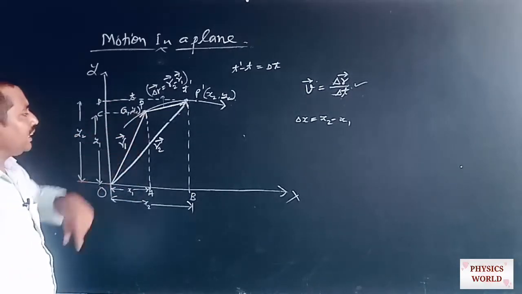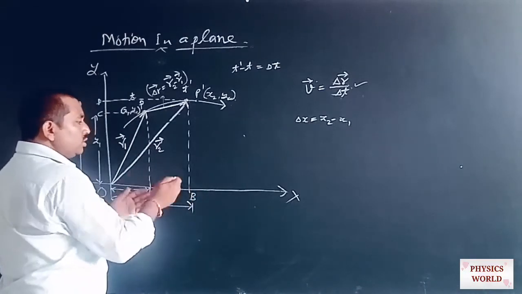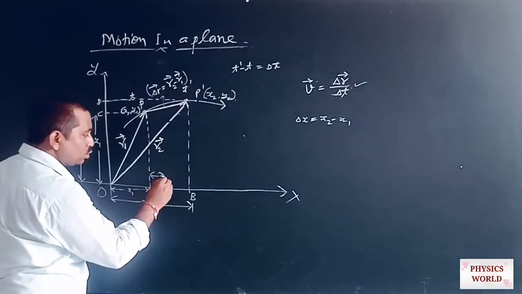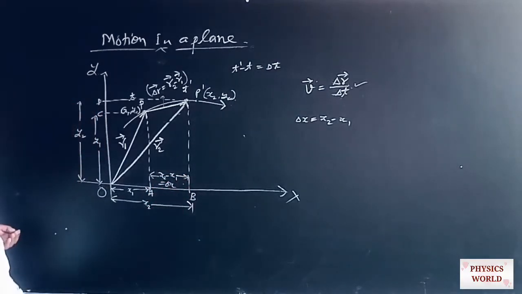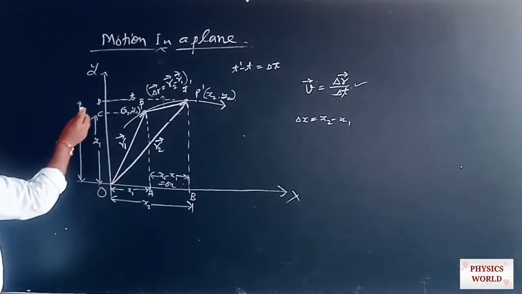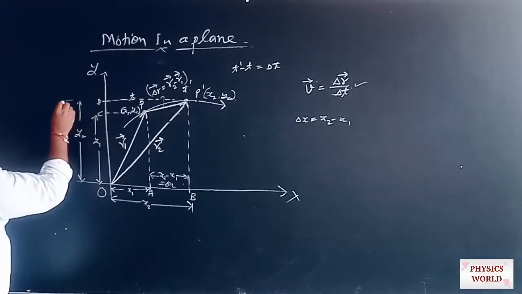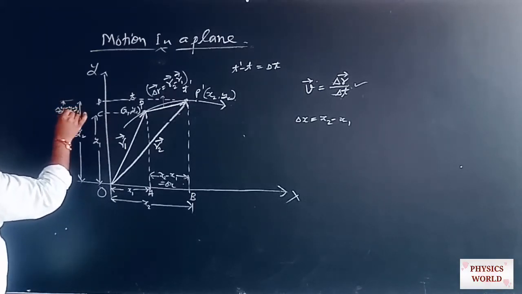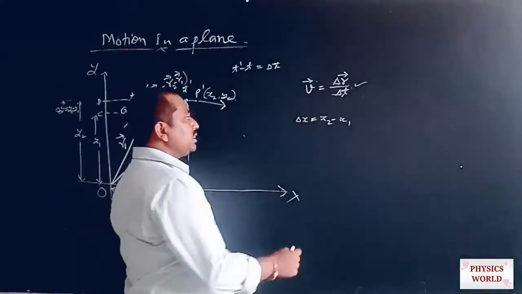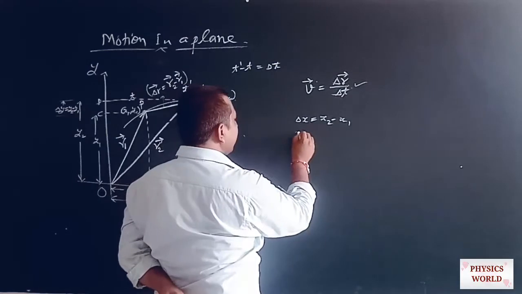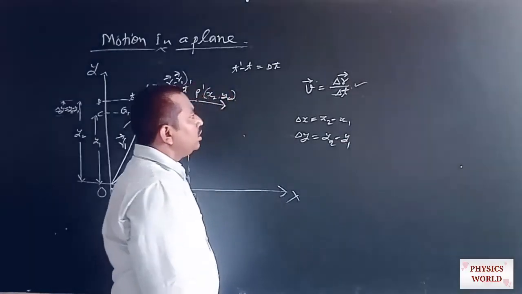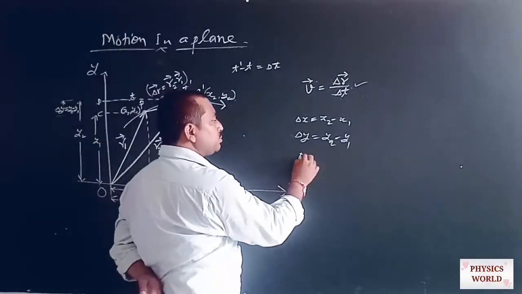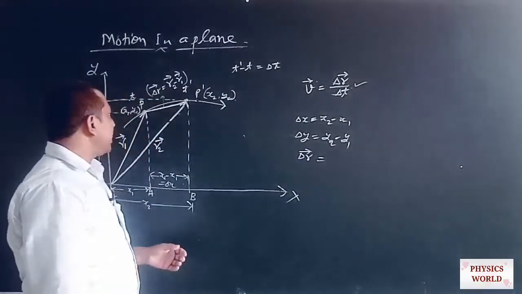So in time interval delta t, the particle goes along the x-axis by x2 minus x1, which is treated as delta x, and along the y-axis by a displacement delta y, equal to y2 minus y1. So you can write delta x equal to x2 minus x1 and delta y equal to y2 minus y1.